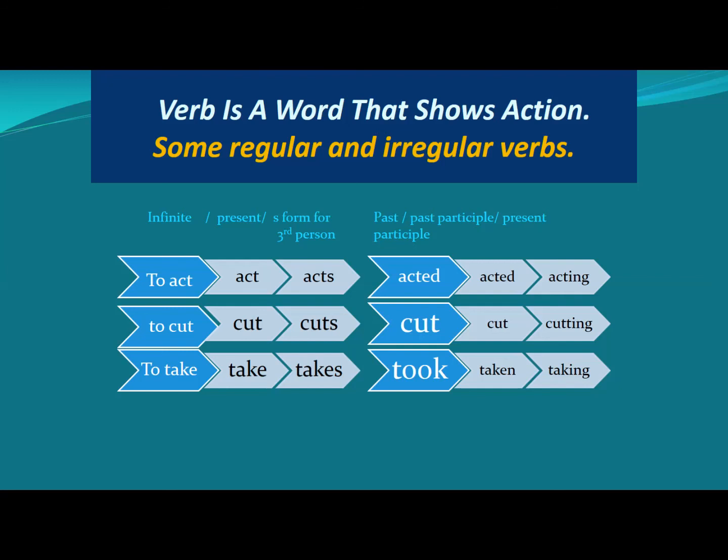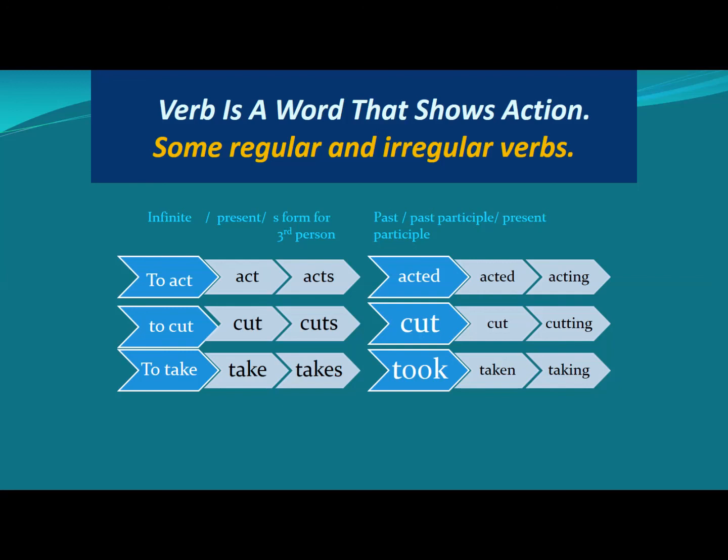When we use these action words or verbs, we have to mention the time or tense of the sentence, or whatever we are telling about the action, when it takes place. For this reason, we use different forms of the verb in different sentences of different times.